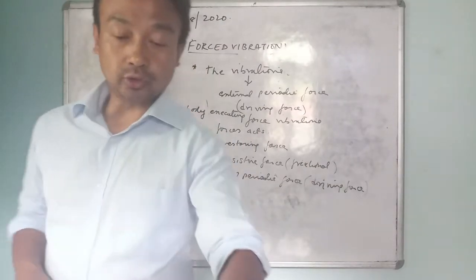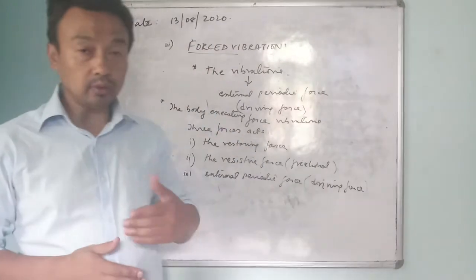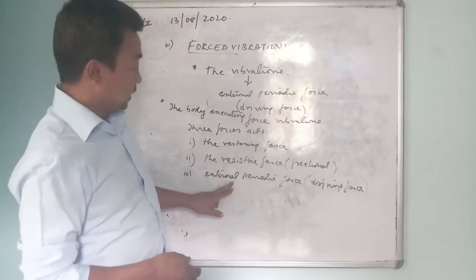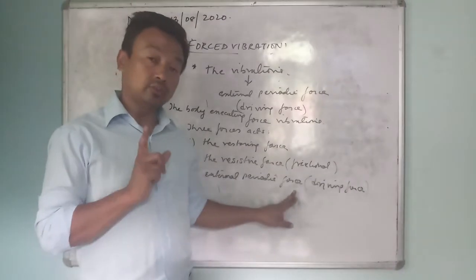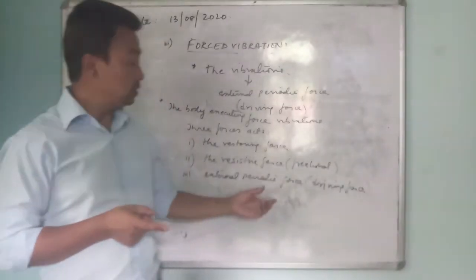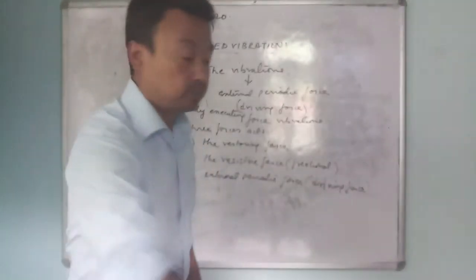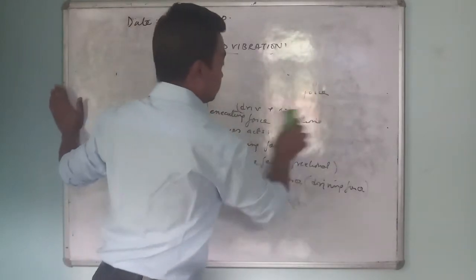Now here what happens is, in forced vibration, the body will continue to vibrate under the influence of this external periodic force. That means the body will not vibrate with its natural frequency, but it will vibrate with the frequency of the periodic force. Let me explain it by taking one simple example.